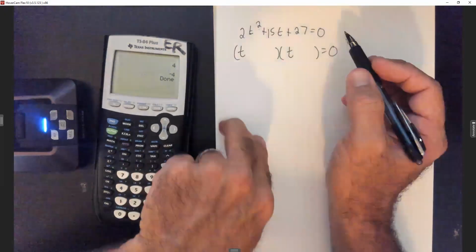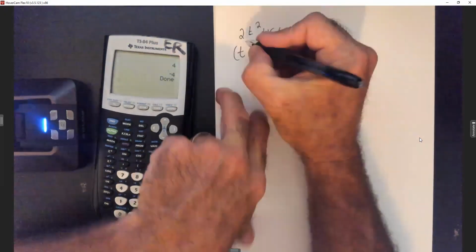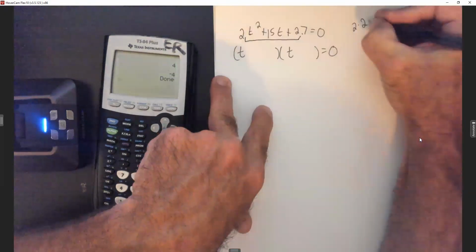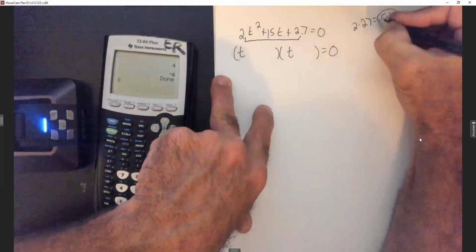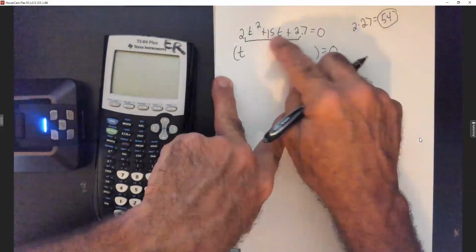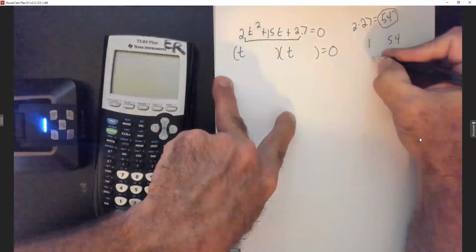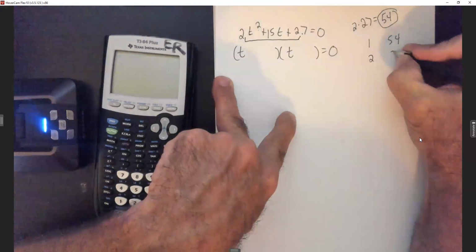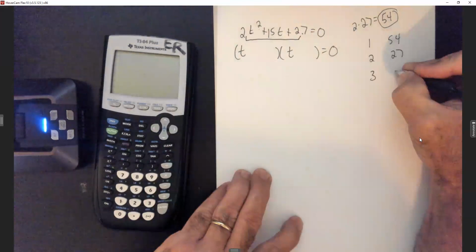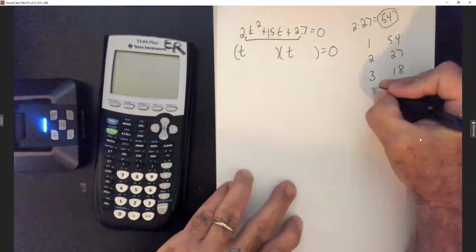Now when you got a number in the front and a number in the back and they can't be factored out as a GCF, you got to multiply the first number times the last. So 2 times 27 is 54. 54 is now the number that you need to find factors that'll equal to 15. So 54 could be 1 and 54, 2 and 27, 3 and 18, 6 and 9.